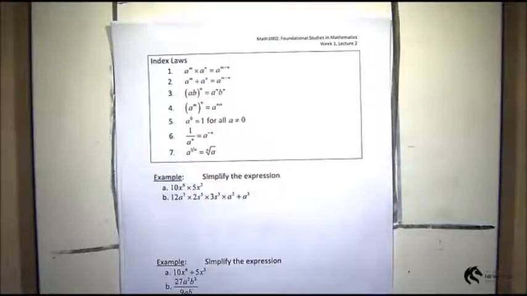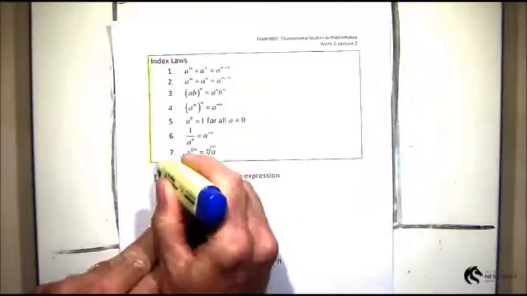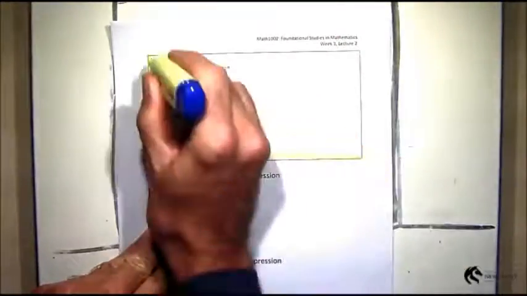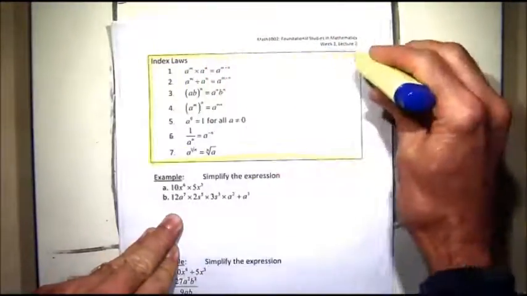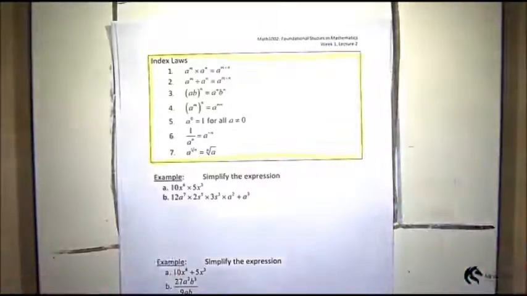Now, once you've been doing this for a while and you think about it, you'll actually remember them all. But when you've got your L plates on, you probably won't remember them all. And I might remind you that in your mid-semester exam and your final exam, you're allowed a cheat sheet. And maybe that's a good thing to put on there if you can't remember them. Just an idea. So we have 7 index laws.